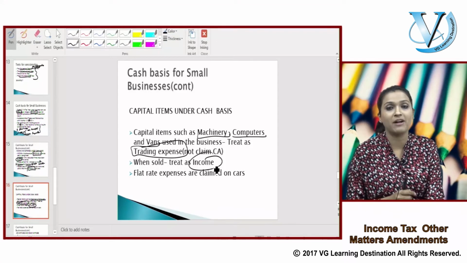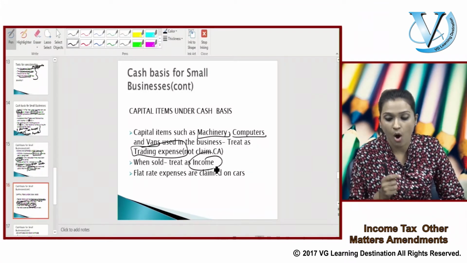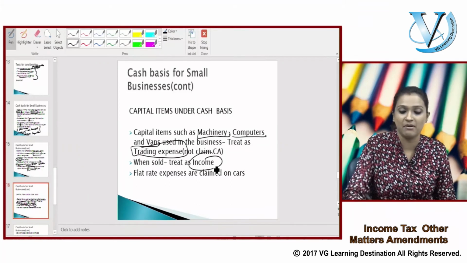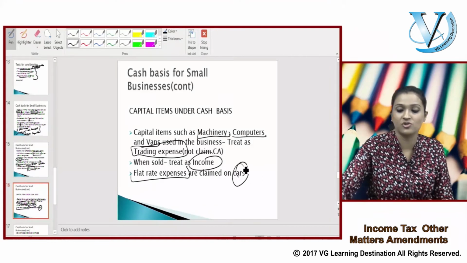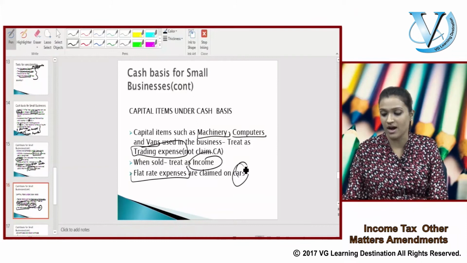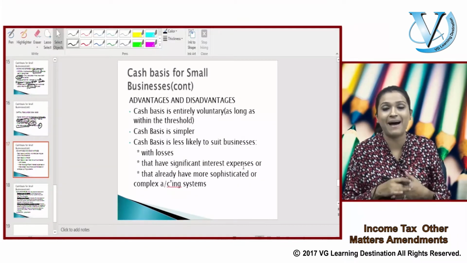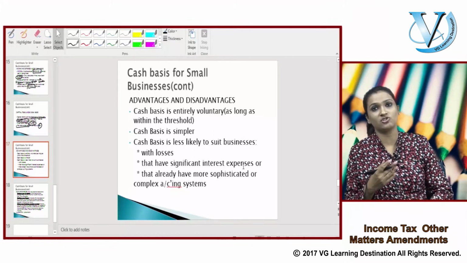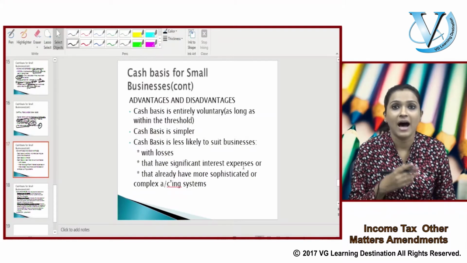Now also apart from these capital items, what about motor cars? On your motor cars, a flat rate expense is claimed. So remember the rule is except for motor cars, you have a flat rate. Now, what do you think is the apparent advantage or disadvantage of using this cash basis of preparing accounts?